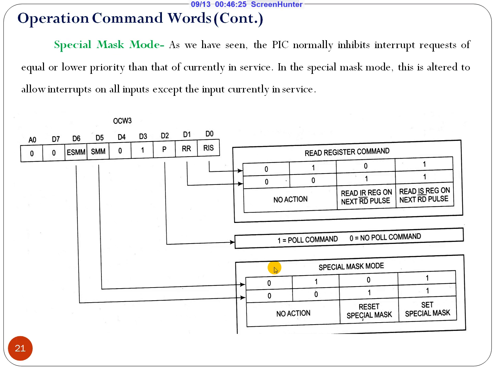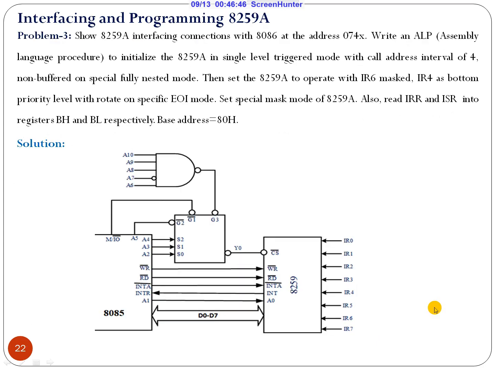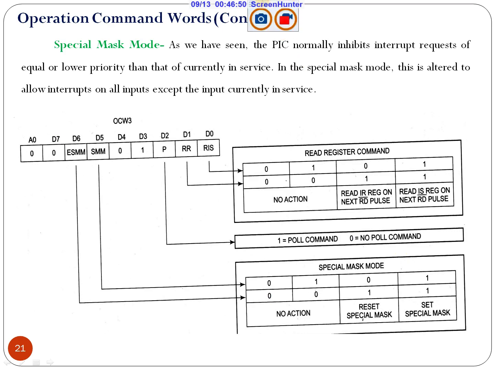Special mask mode may be activated when we are having the special mask of any specific interrupts. Then we can go for this particular setting. If we want to reset, then we can go for 0 1, and if we want to set, then we can go for 1 1.